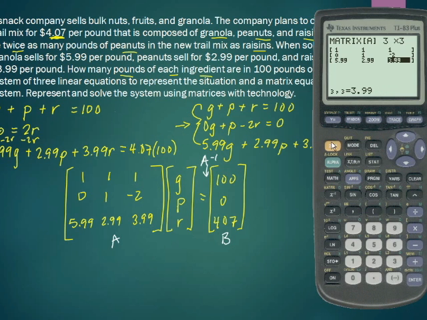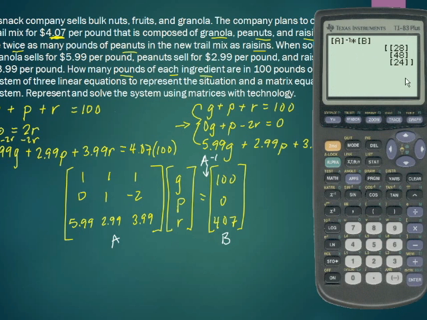Now that we have that matrix, let's go again to second matrix and then edit, and this time to matrix B, and we'll put in our constant matrix, which is a 3 by 1 matrix. Now we can go to our main screen, and we want matrix A, so go to the matrix menu, press A, and then the inverse of that, so x to the -1, times matrix B. So go again to second matrix and then go to B and press enter, and then press enter.